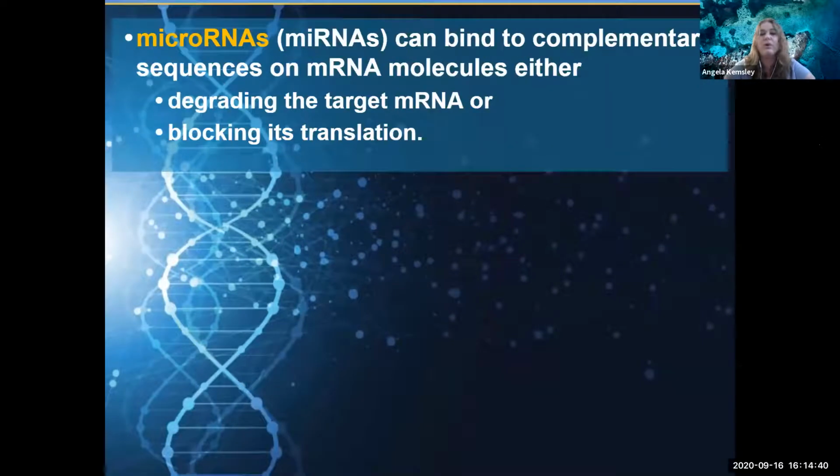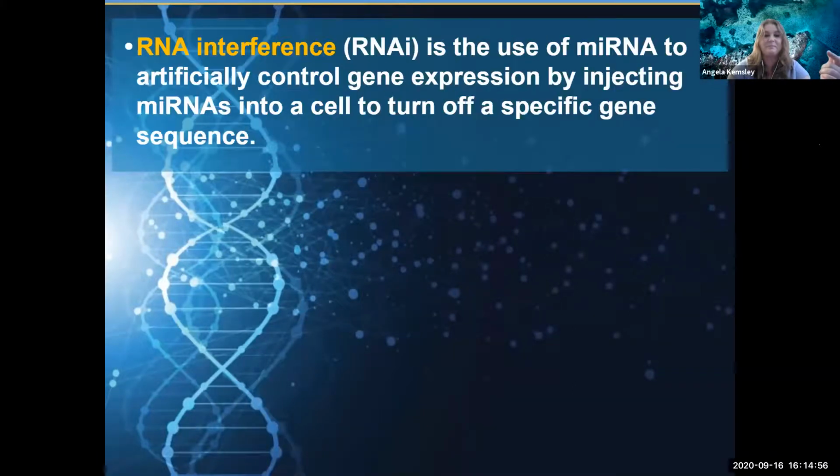One of the important small RNAs that we'll talk about briefly here are called microRNAs or miRNAs, which can bind to complementary sequences on mRNA molecules, which either degrades the target mRNA or blocks its translation.